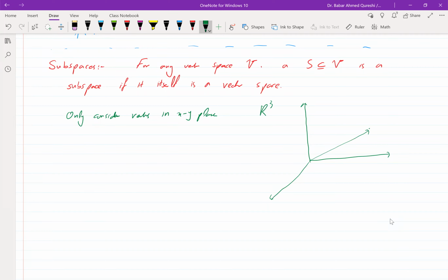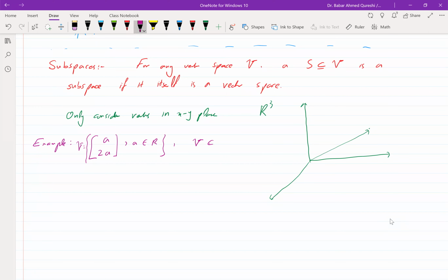And from our previous examples, we had this space. This is a subset where A were arbitrary.